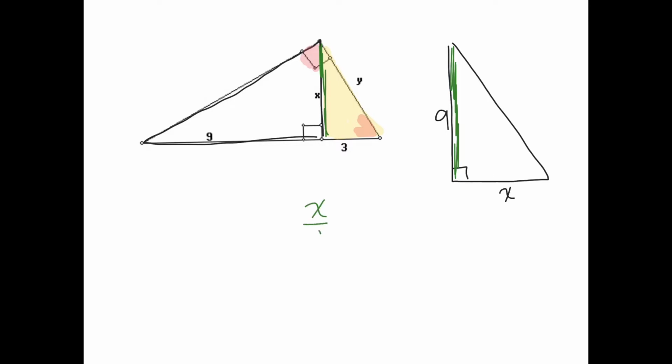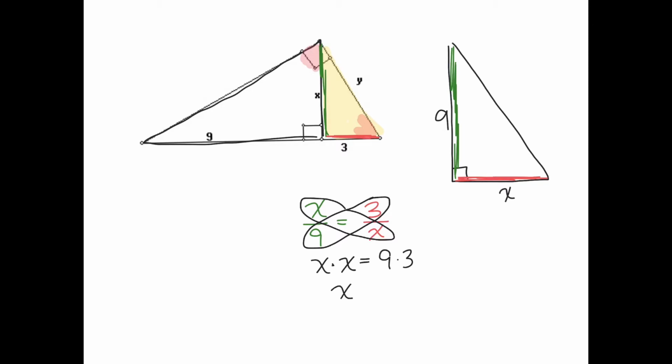So we have x over 9 is equal to this 3 corresponds to my x right here. So we have 3 over x. So now I want to cross multiply. So 9 times 3 is equal to x times x. So x squared is going to be 27.